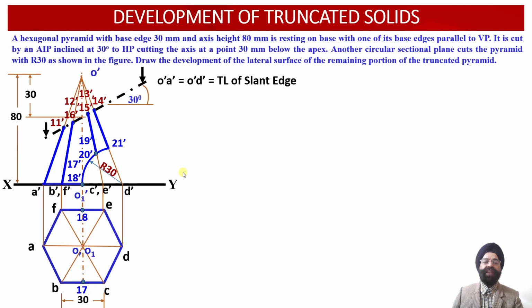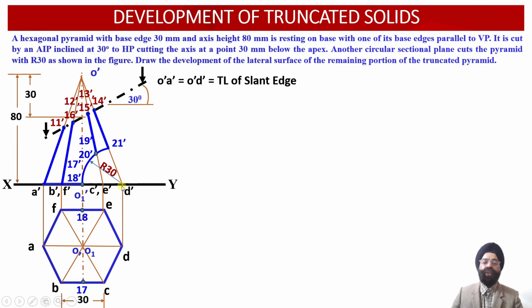Now we observe one thing in this construction, that the 2 slant edges OA and OD happen to be parallel to the vertical plane. Since the projections of the slant edges in the top view, that is OA and OD, are parallel to the vertical plane, the projections obtained on the vertical plane in the front view, O dash A dash and O dash D dash, will be the true length of the slant edges.